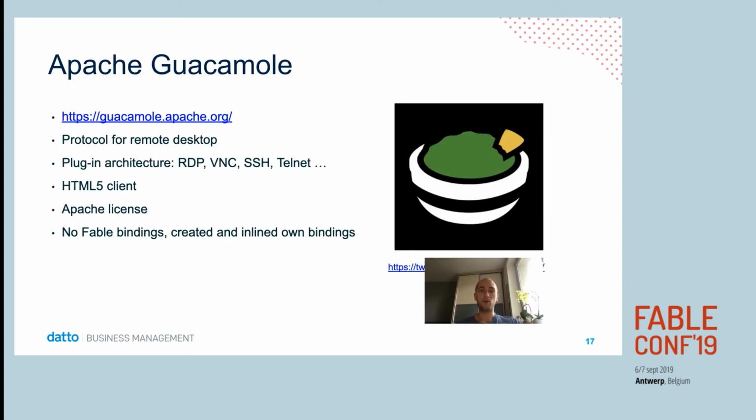However, I think the most important project here is Apache Guacamole, because it comes with ready support for an HTML5 client. So basically it comes with a JavaScript file, a JavaScript library kind of file, which you can grab and use on the front-end side.